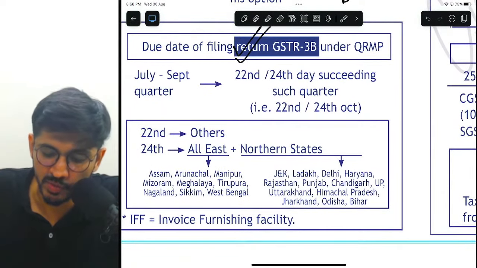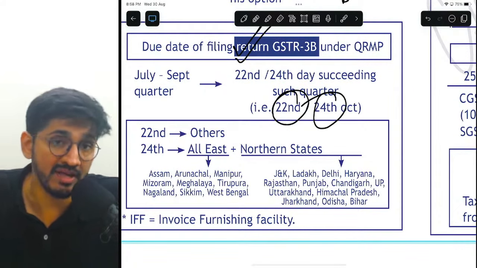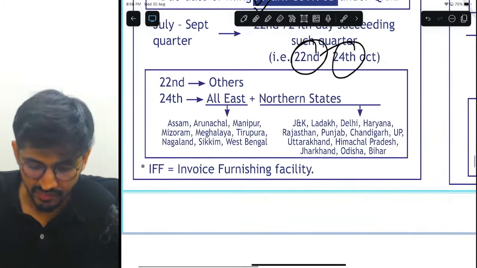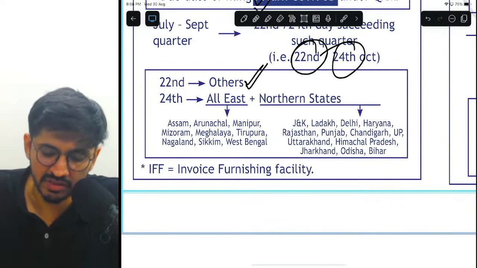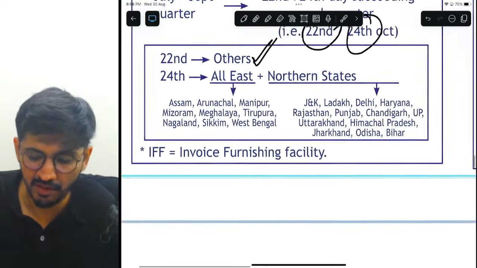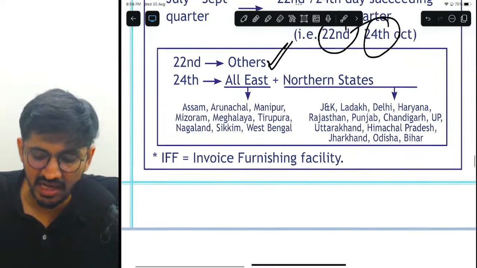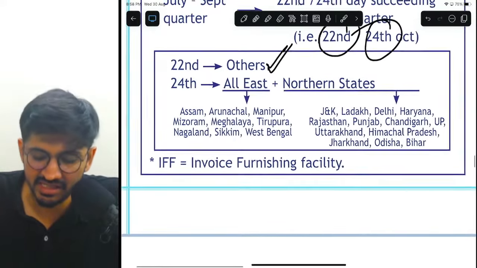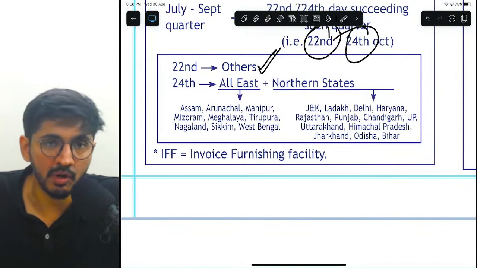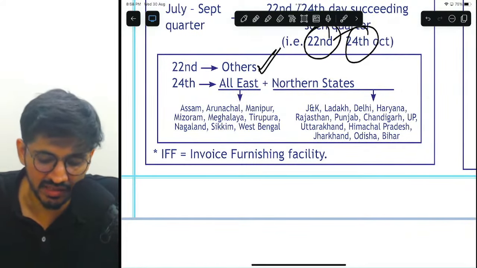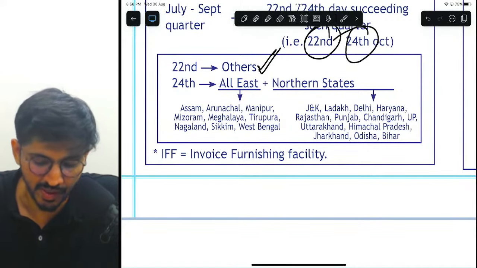the states for which the 22nd is applicable and for which the 24th is applicable. The 22nd is applicable for others, but the 24th is applicable for all eastern states and northern states. The eastern states are Assam, Arunachal, Manipur, Mizoram, Meghalaya, Tripura, Nagaland, Sikkim, West Bengal.